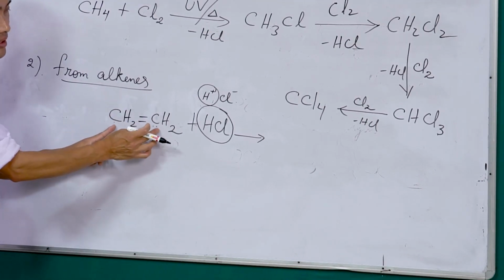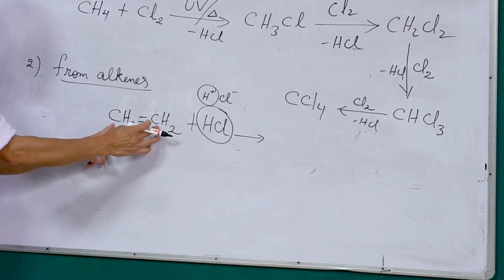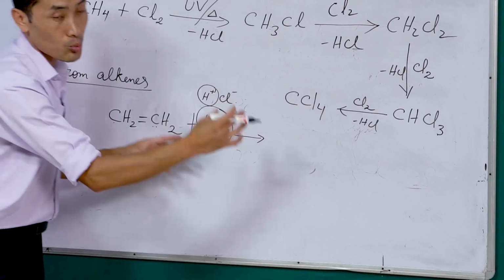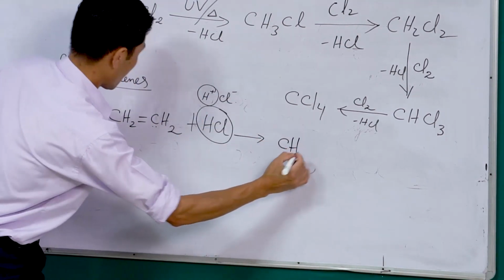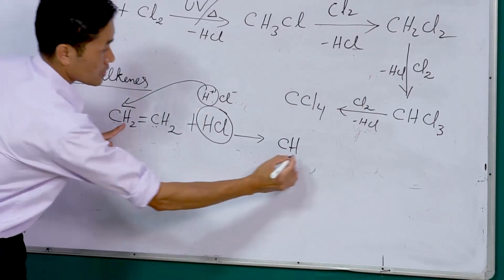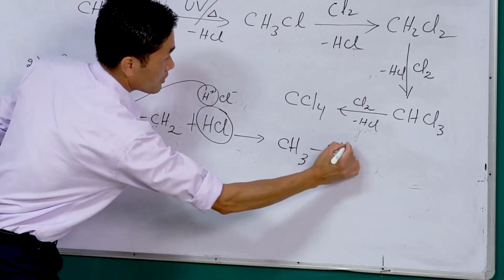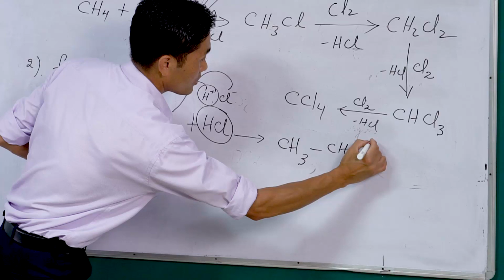Now if we have symmetrical alkenes like this, similar groups on both sides of the double bond, then the product formed will be similar no matter what. Suppose hydrogen comes here, we get CH3, and then the halogen comes here, we will get CH2Cl.